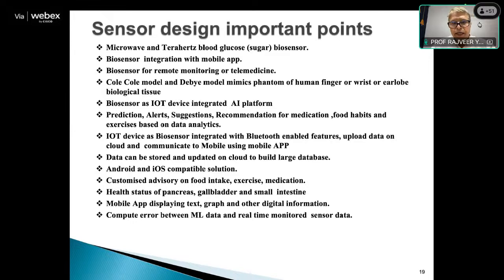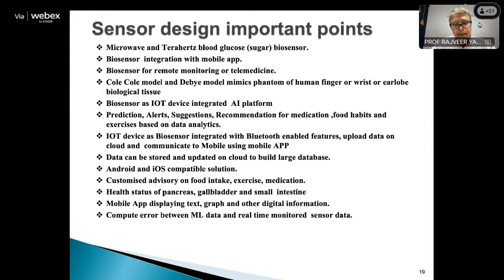The data can be stored and uploaded on the cloud, as I already told you. And the app we have developed is for Android as well as iOS compatible solutions, so that Apple customers as well as Android customers are able to use the app individually. Then customized advisory on food intake, exercise and medications can be imparted.